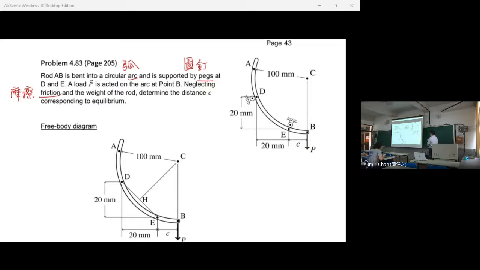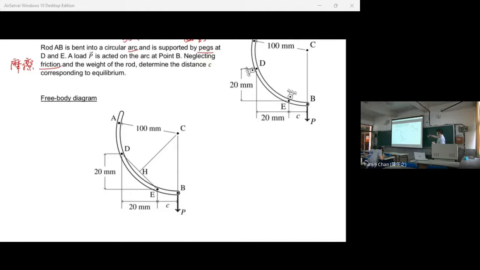So we have a rod ADEB, then we have a force here, and then we have support forces here. Now, how to determine this C? Let's draw the free body diagram. I've given you the dimensions. I've given you the contour.